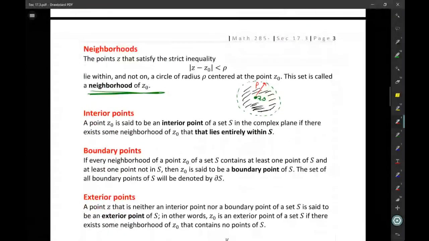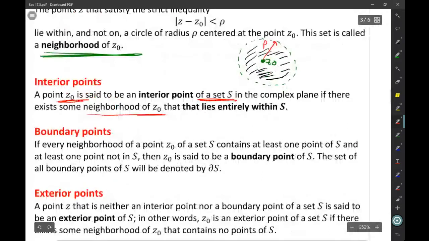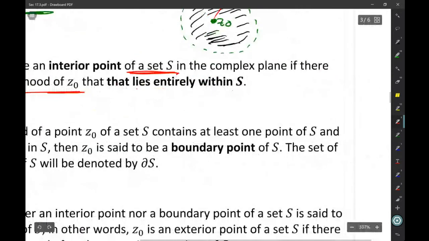Interior points. We call the number z naught an interior point of a set S in the complex plane if there exists some neighborhood of z naught that lies entirely within S. What does this mean? Let's explain it here.